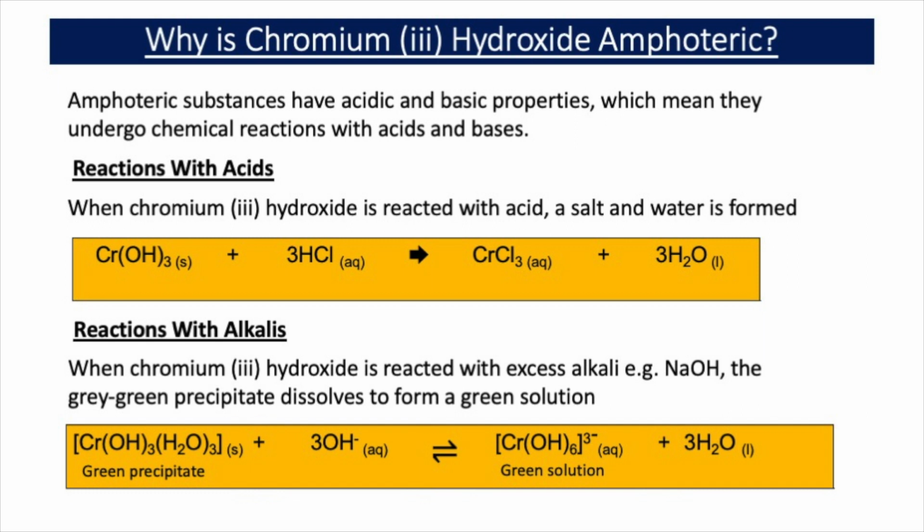Now when chromium 3 hydroxide is reacted with excess alkali, for example sodium hydroxide, the grey-green precipitate dissolves and forms a green solution. And this is because a chemical reaction has taken place. So this equation shows the chemical reaction that's taken place. Now the grey-green precipitate of chromium 3 hydroxide can be written as Cr(OH)3(H2O)3.